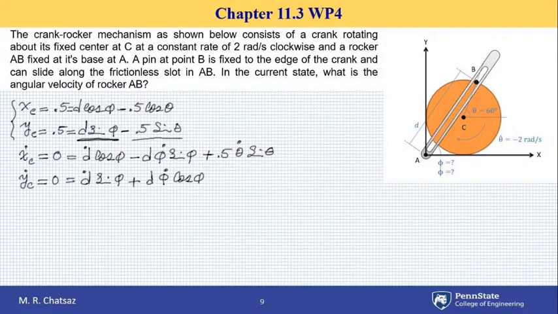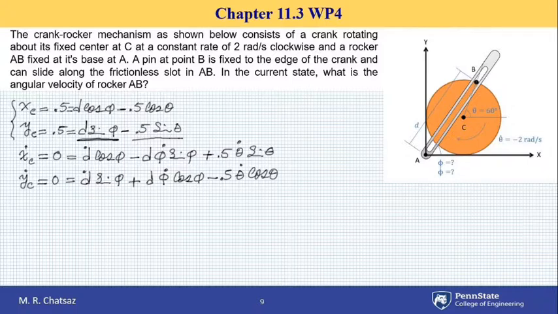Then I have the derivative of this term, which is minus 0.5, derivative of sine is u prime cosine, so I write minus theta dot cosine of theta. Observe that at this point I can plug in the numerical values.